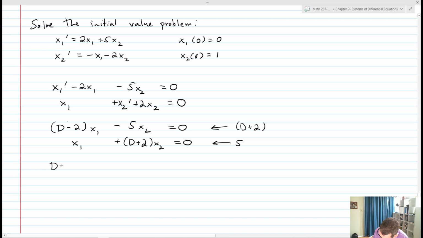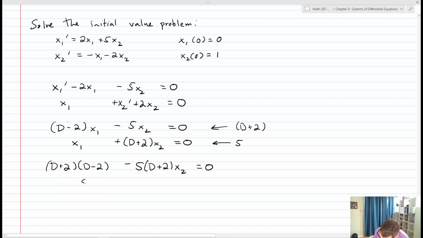So that's going to give me D plus 2 times D minus 2 x1 minus 5 times D plus 2 x2 equals 0.